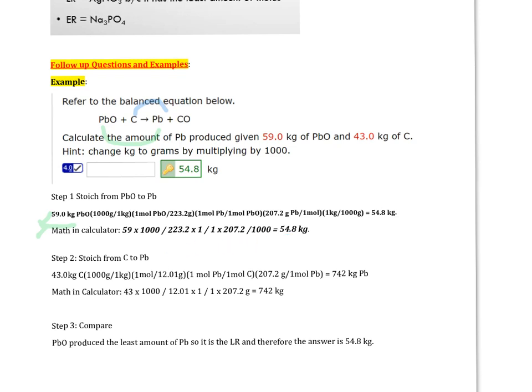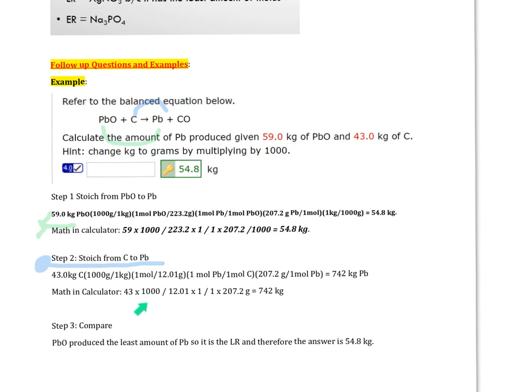Now the next part is that we have to do the stoichiometry from carbon to lead. And this particular one, we will start with 43 kilograms, change it to grams, divide by grams to get to moles, do the mole ratio, which is 1-to-1, and change from moles to grams of lead.